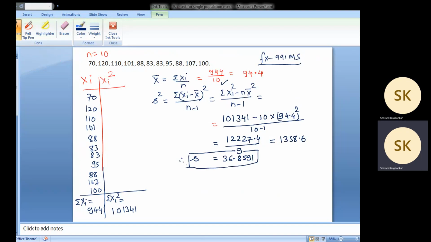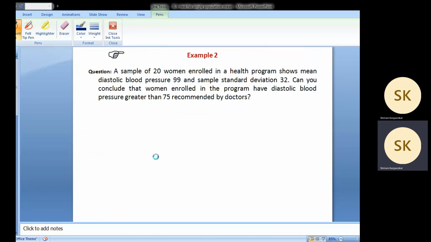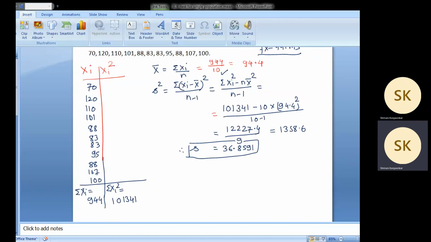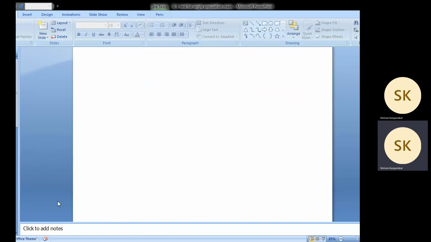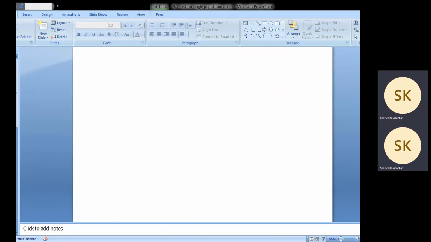Okay, so now we have obtained the values. So we will go back to the formula. Okay, so we'll take a fresh page here. What was the value there?